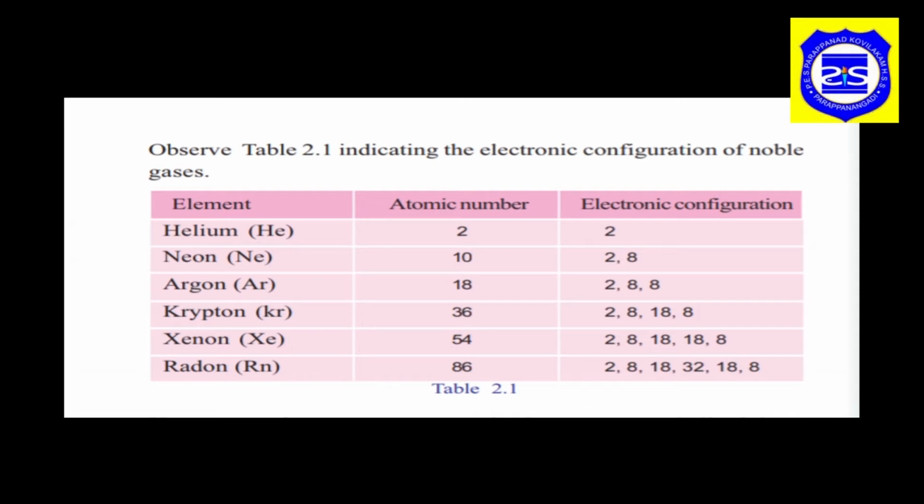What is the maximum number of electrons that can be accommodated in the outermost shell of an element? In this table, you have to get the idea for that, isn't it? The maximum number of electrons is 8. In the case of neon, argon, krypton, xenon, radon, etc., they have 8 electrons in the outermost shell, isn't it?